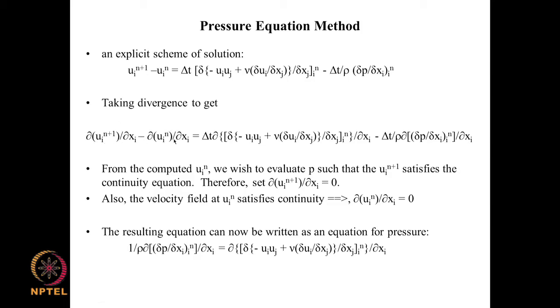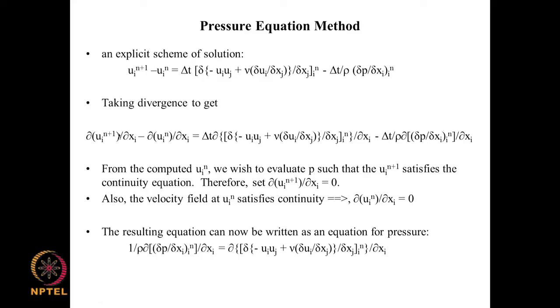Since u_i^n satisfies the continuity equation, because you are now moving on to u_i^(n+1), and by then you have already got u_i^n, and for u_i^n to be a correct solution, it must satisfy the continuity equation. So dou by dou x_i of u_i^n is also equal to 0. Okay. So if we set this to 0, because this would have satisfied the continuity equation, and this to 0 because we want it to satisfy the continuity equation. And so that gives us a condition for pressure.